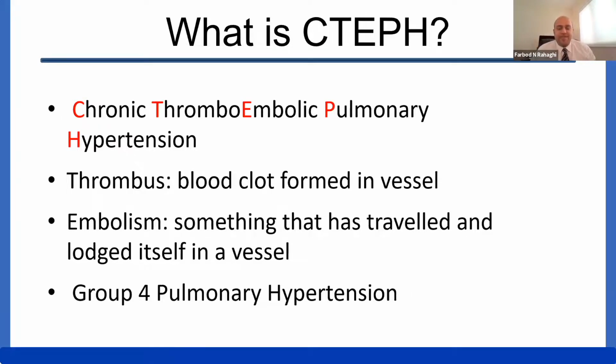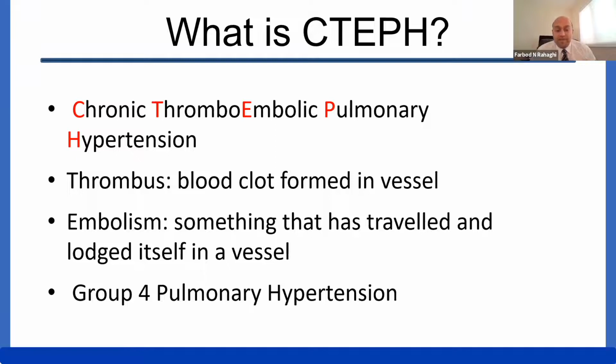So starting with a definition of what CTEPH, as it is called, is, part of what helps me understand and put this disease state together is trying to break apart the actual terminology that makes up the term CTEPH. It stands for chronic thromboembolic pulmonary hypertension.